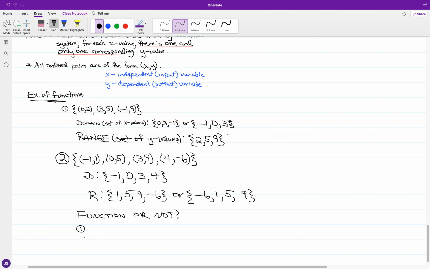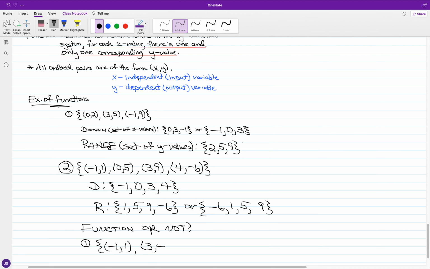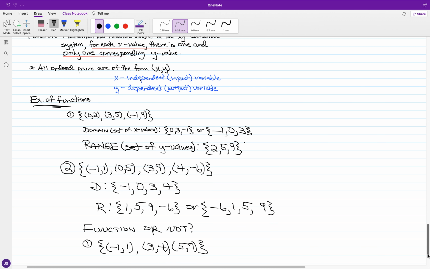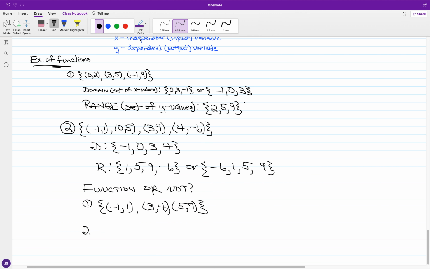Now, say we have sets of ordered pairs. Say -1, 1, 3, 4, and 5, 7. And say we have another arrangement.